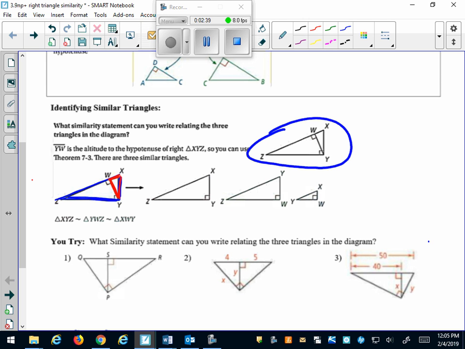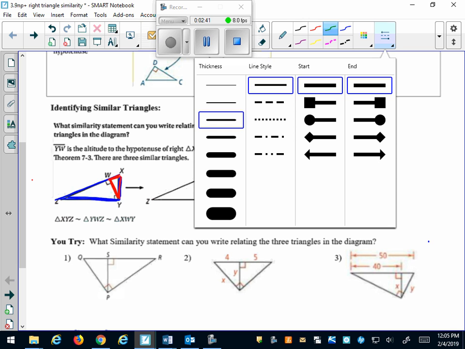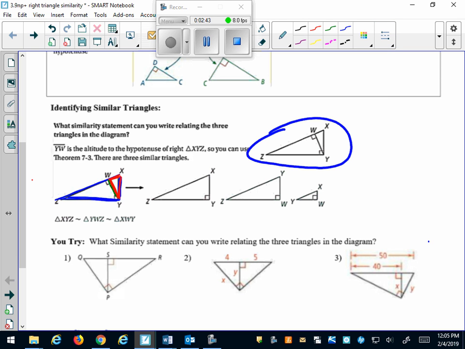And in the third triangle, you could see the same thing: shorter leg, longer leg, hypotenuse. So if you say that in your head, then you know which side corresponds with what. Short side goes with short side. Long side goes with long side. Hypotenuse goes with hypotenuse, etc. Okay.